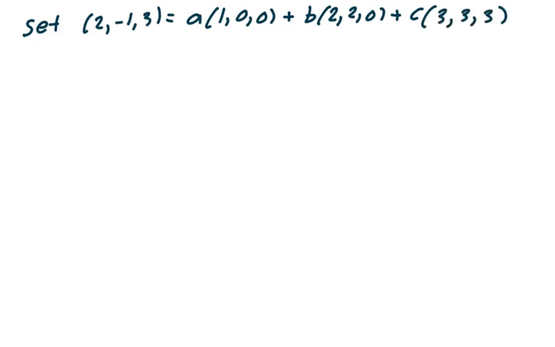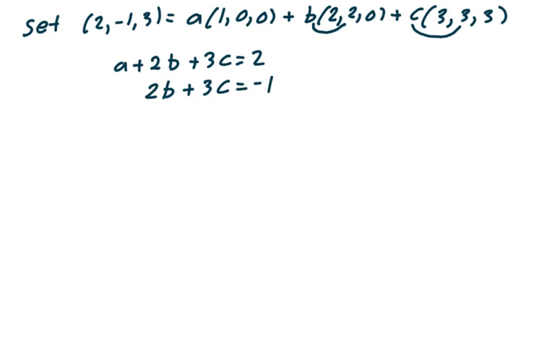If I set up my system, I get the following. I get A plus 2B plus 3C equals 2. And then I get 2B plus 3C equals negative 1. And then I get 3C equals 3.